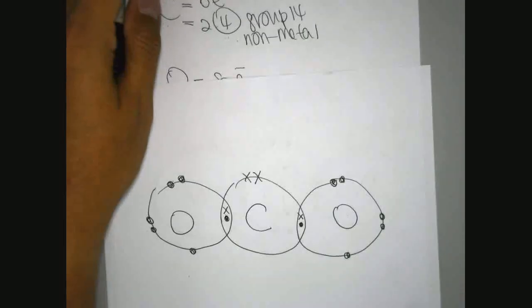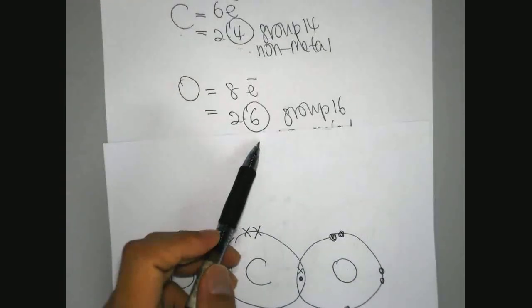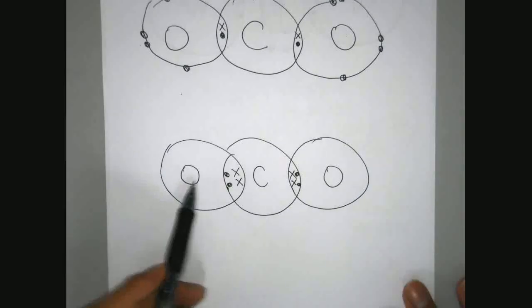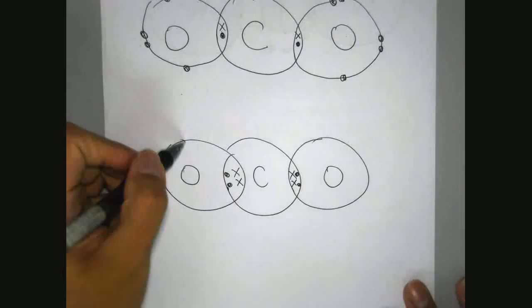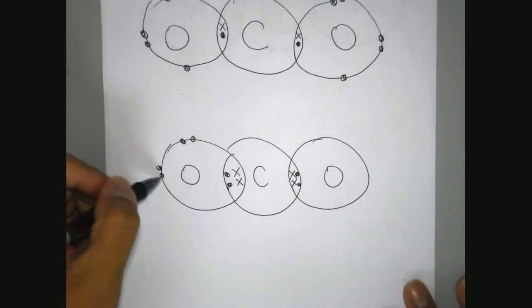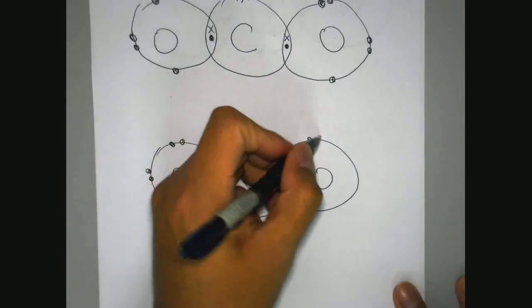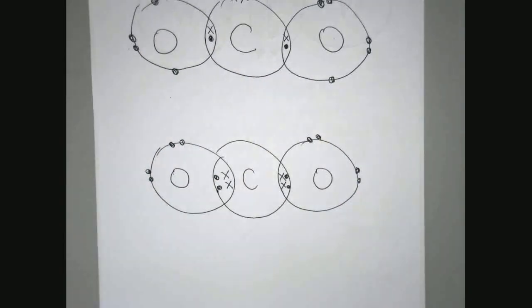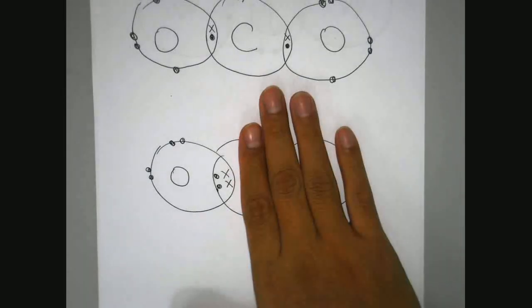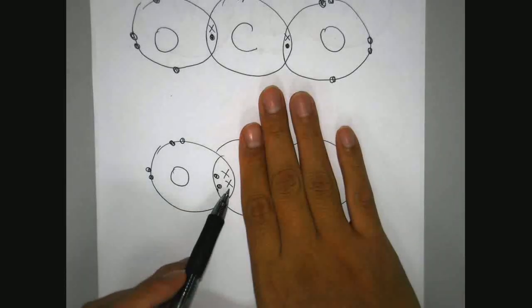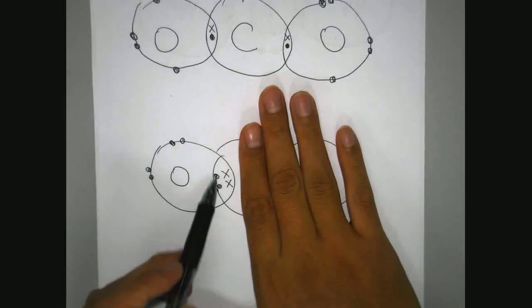For oxygen, we have 6 valence electrons. The oxygen here, you put in 2 electrons for sharing, which means that outside here you still have 4. Outside here you still have 4. So now let's double check again, are they stable? For oxygen, after sharing 2 electrons, you have 2, 4, 6 and 8.